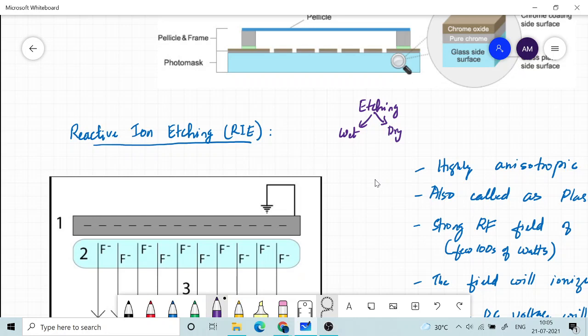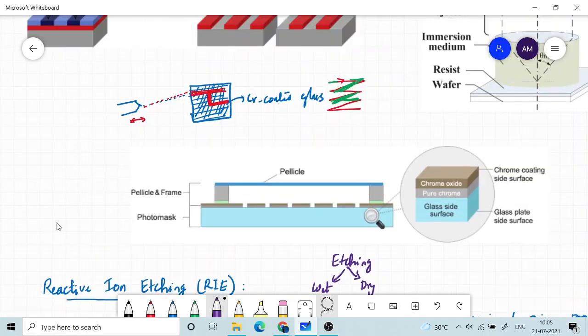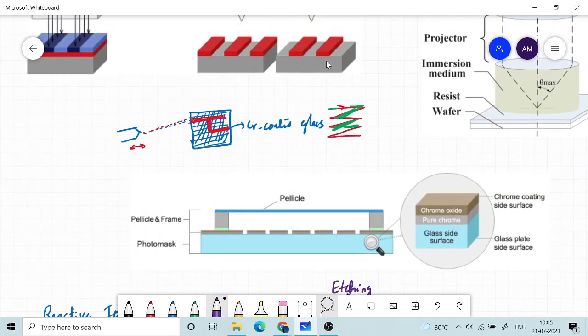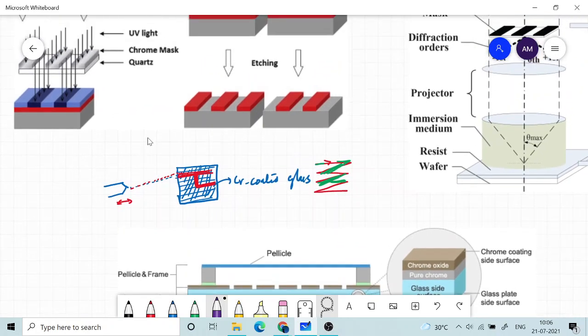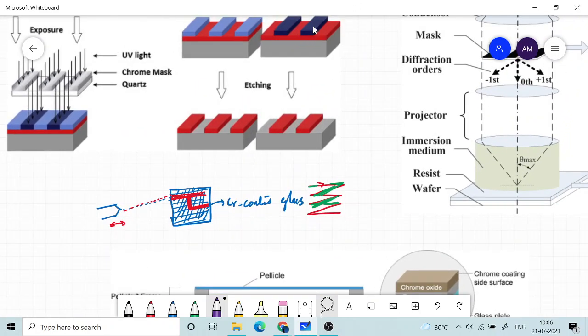Wet etching is basically you just dip it into a chemical, and wherever the photoresist is not there, the layer is exposed in those regions. If you look here, in some places you have the photoresist covering the red material, the thin film.